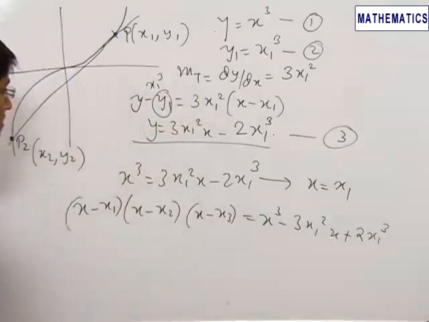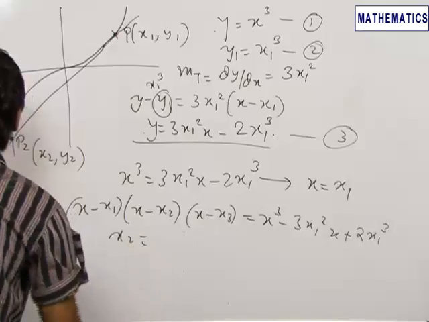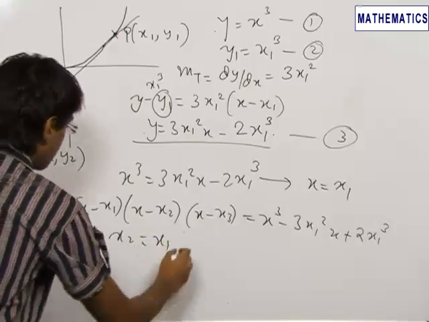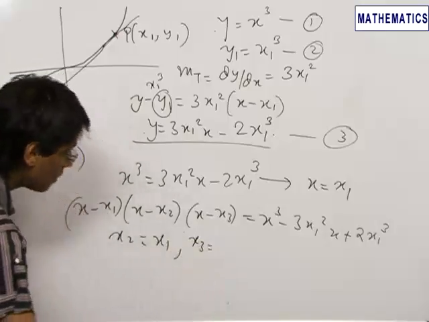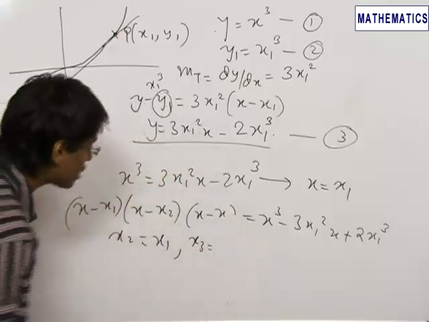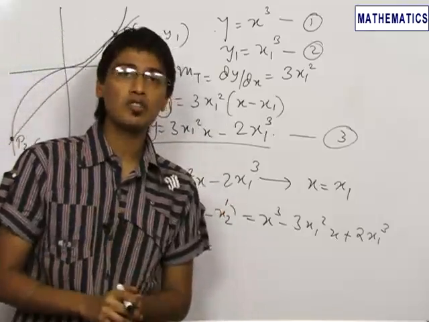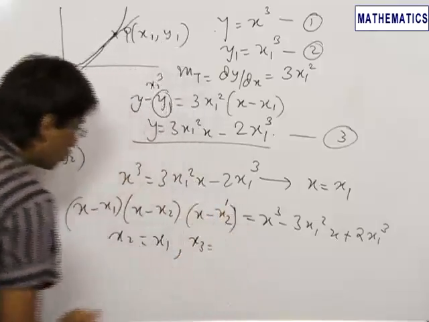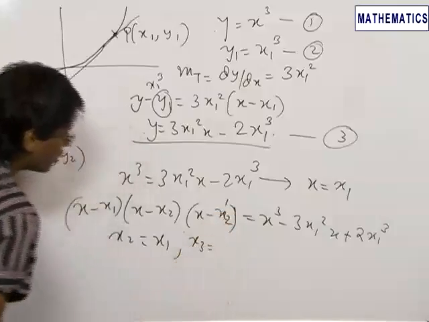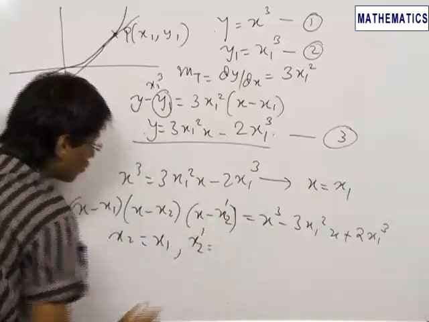On opening the brackets and comparing the coefficients of x cube, x and the constant term, we get x2 equal to x1 and x3 equal to, or rather we can write it as x2 dash, because x3 will be the x coordinate of the point P3. So we should not confuse that with this x2. So we write this as x2 dash instead of x3.